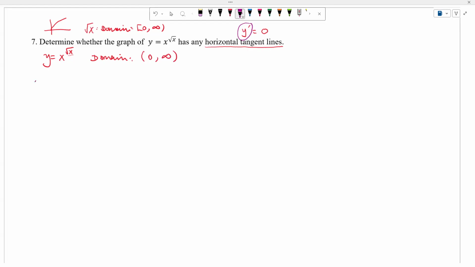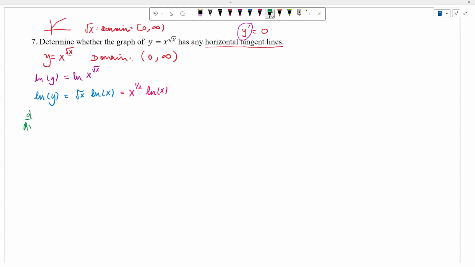So then we will take the natural log to both sides of the equations. Then I will have natural log of y equal to square root of x times natural log of x. Or maybe I rewrite this into x to the 1/2 times natural log of x. It's easier for me to take the derivative.